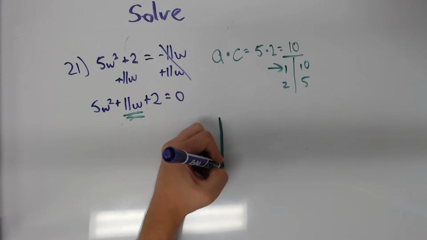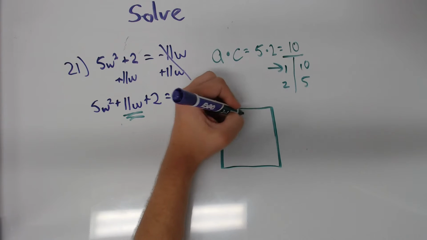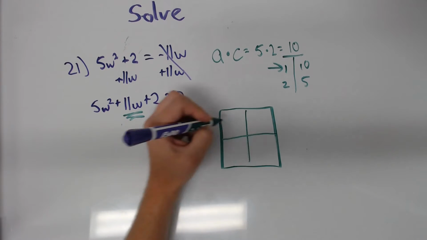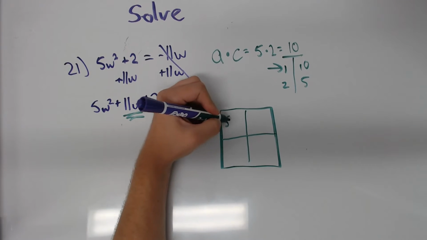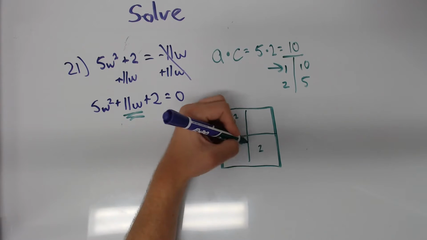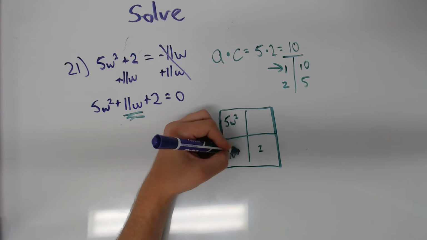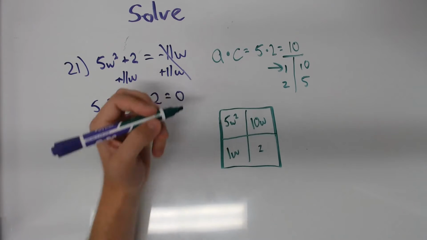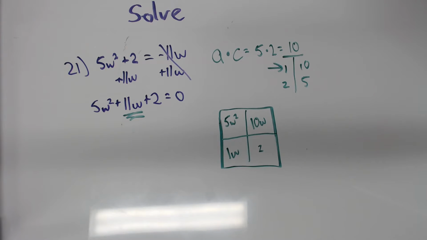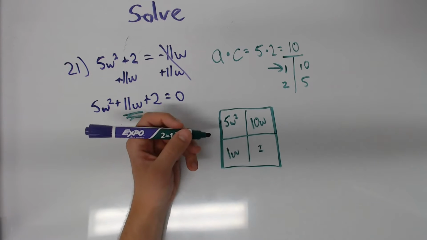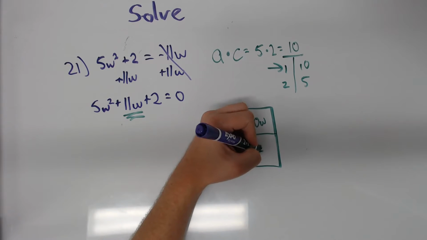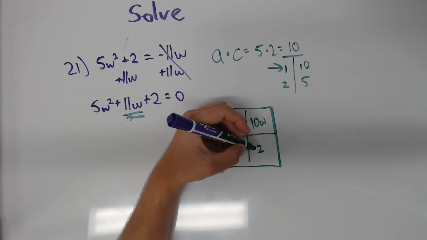So now I'm going to do my little number puzzle thing. 5w squared and 2 go in the diagonals here. And then these numbers, 1 and 10, make 1w and 10w in the other diagonal. So we'll start with the simple stuff. What can go into 1w and 2?